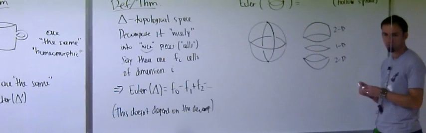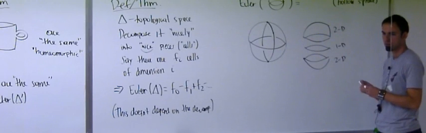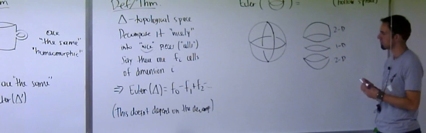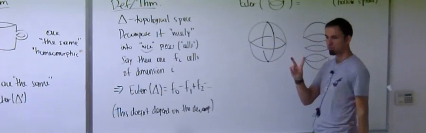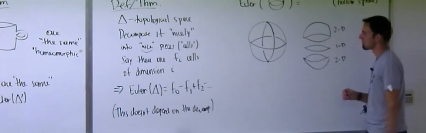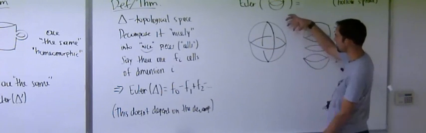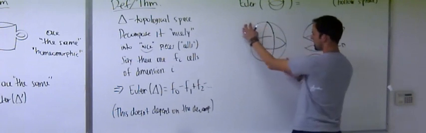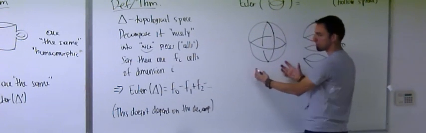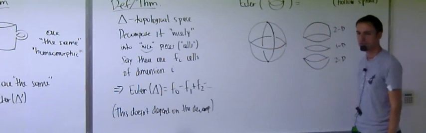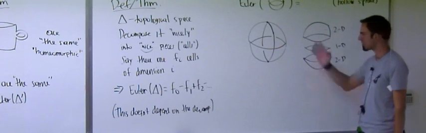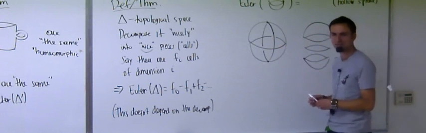How many two-dimensional pieces do I have? Well, basically, I have this one, this one, this one, and this one. Yeah, 4. I basically just took an orange and cut it into 4 pieces. Actually, apples are the ones that you slice like this. Oranges kind of come with a slicing already.